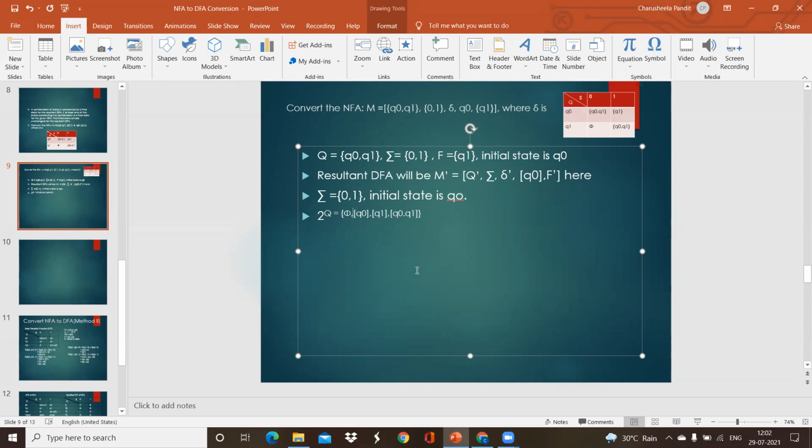Now in case of Q dash, which is the set of states for DFA, this empty set is removed, and whatever remains, that we have to consider as the set of states for DFA.